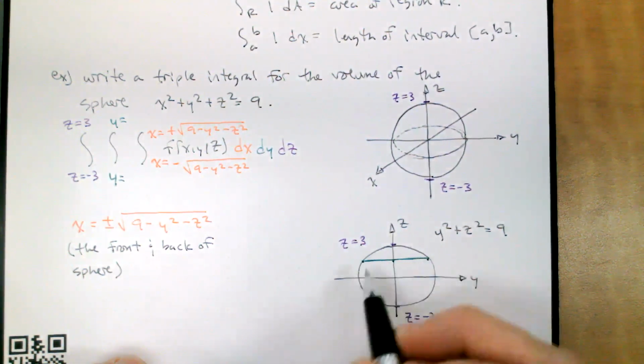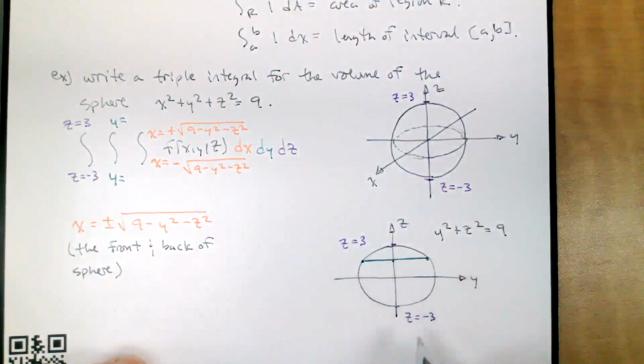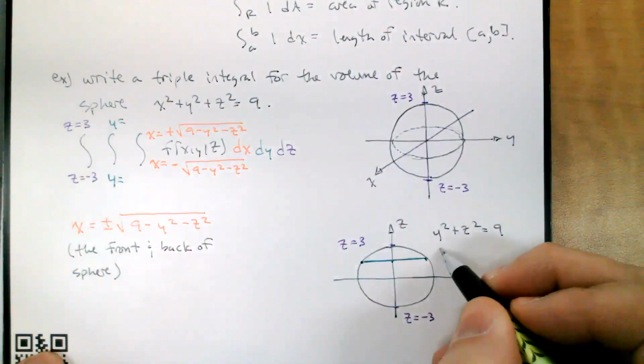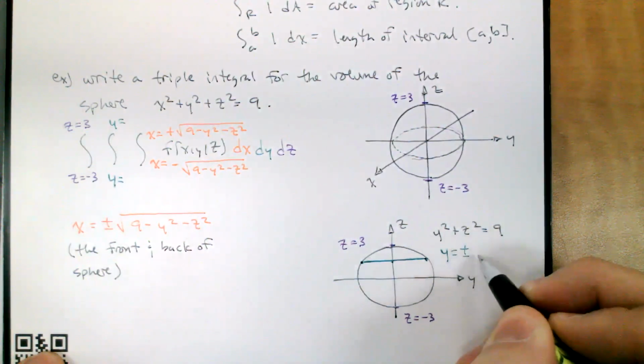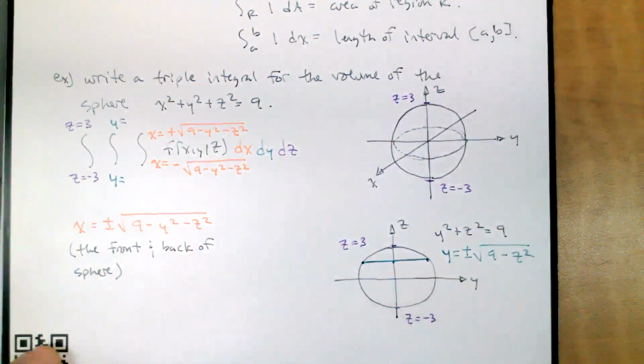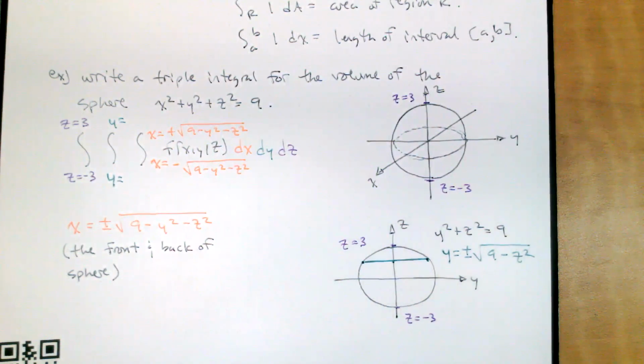We're going to go from the left side of the circle to the right side of the circle. So y will be plus or minus the square root of 9 minus z squared. We're going to go from the negative square root on the left to the positive square root on the right.